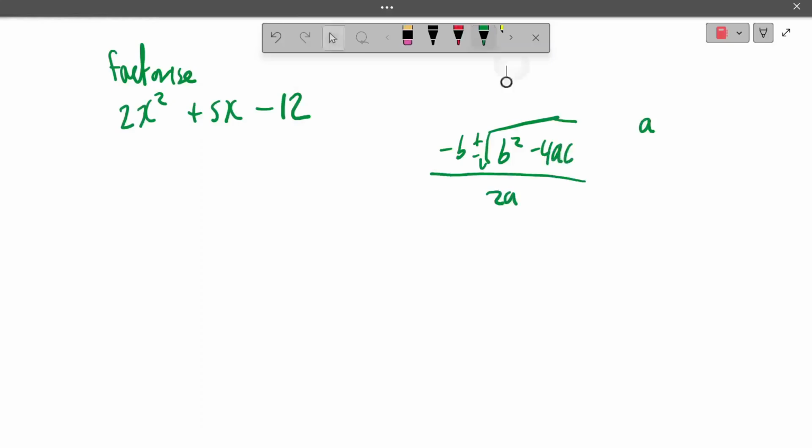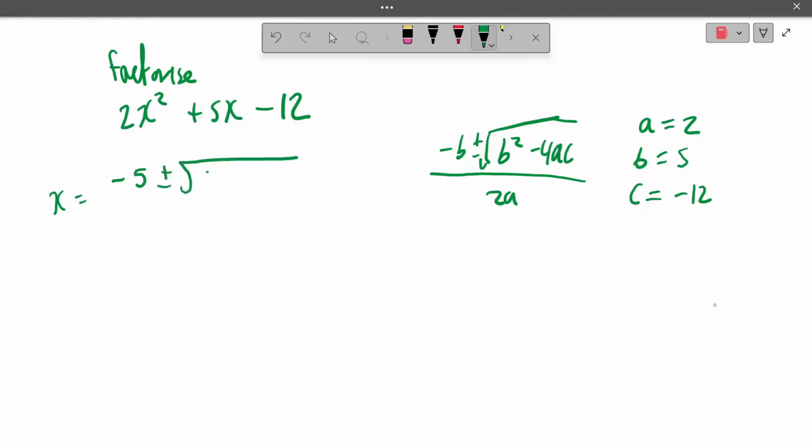Now a is the number of x squared, which in this case is 2. b is the number of x's, which is 5. And c is the number of units, which is minus 12.